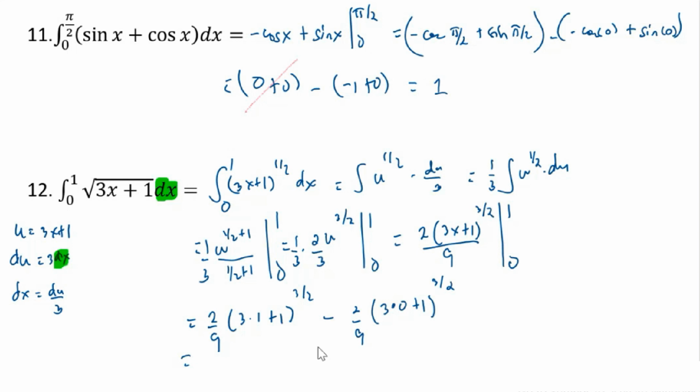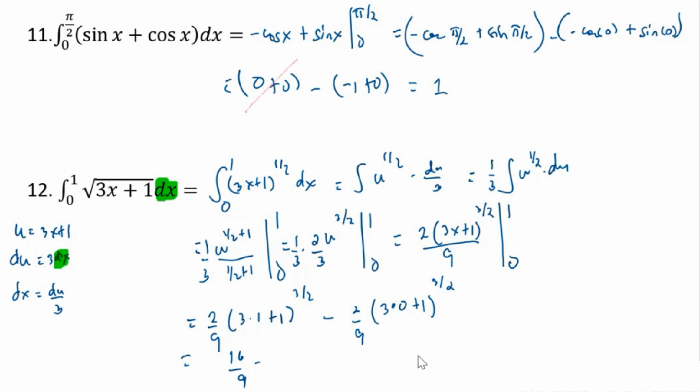All right, so again, let us simplify. So 3 times 1 is 3, plus 1 equals 4. Take first the square root of 4, which is now 2. Then 2 raised to the third power is 8 times 2 over 9. So this will give us 16 over 9. Minus 3 times 0 is 0, plus 1 is 1, and the square root of 1 is 1.